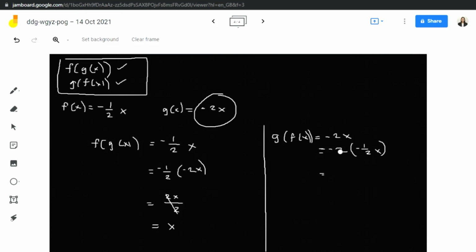Now let's distribute negative 2 times negative 1x, or negative x. That's simply positive 2x all over 2. So we have here 2 divided by 2, that is 1 times x, we have x. And since the result for both compositions are the same, we have x in here, this means that the two functions are inverses of each other. So that is how you will be verifying if two functions are inverses of each other.